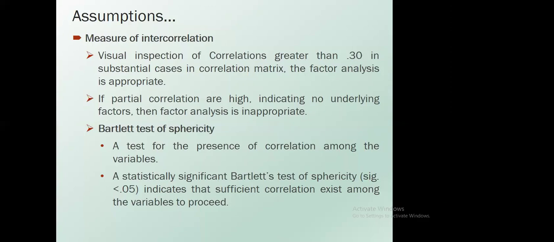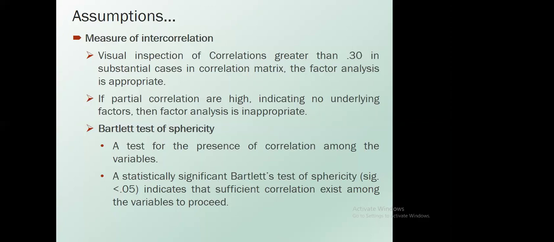So ये जो हमारी null hypothesis है, that correlation matrix is an identity matrix for Bartlett's test of sphericity, it should be rejected. When is your hypothesis rejected? When your p-value is less than 0.05 if we take 5% level of significance.